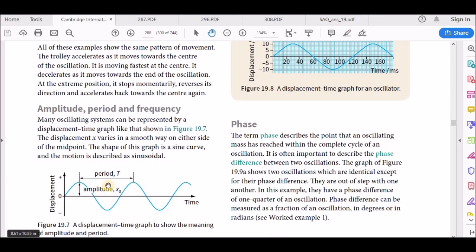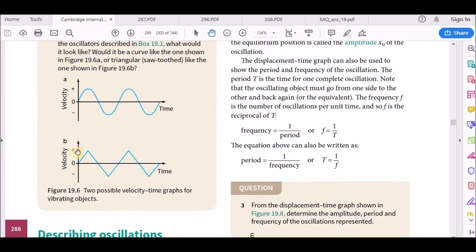Okay, so here this is a velocity time graph. Very important thing, first you look at the axes. Whenever you get a graph, make sure you have a good look at what the axes are, because sometimes you might confuse. In the beginning when you see it like this, you might think it's a displacement time graph, but no, it's a velocity time graph.